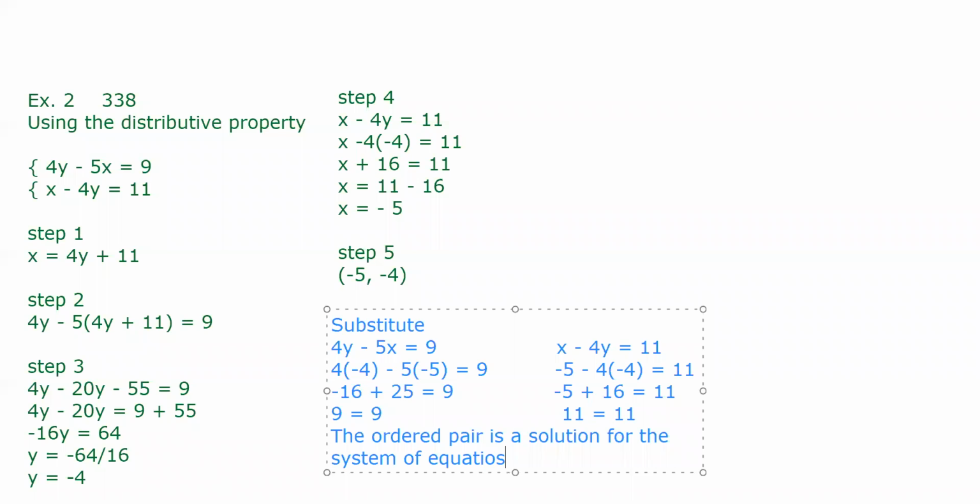And what is the ordered pair? -5, -4 is a solution for the system of equations. Okay, that's what we have in this case.